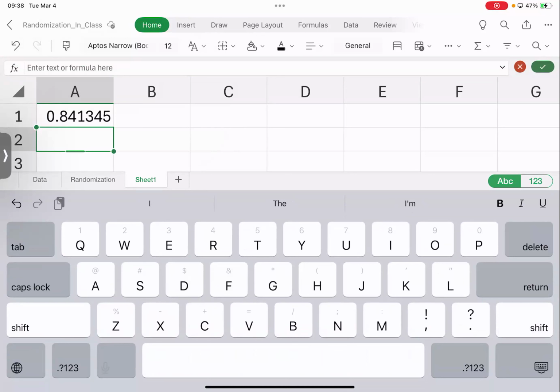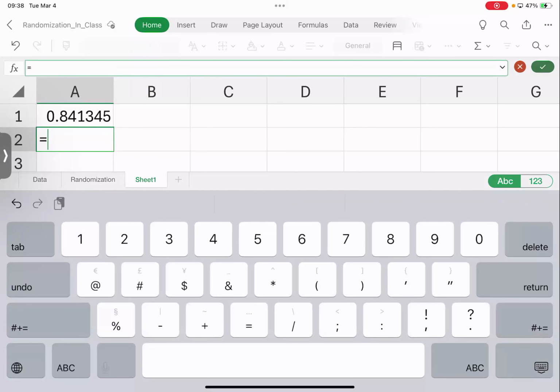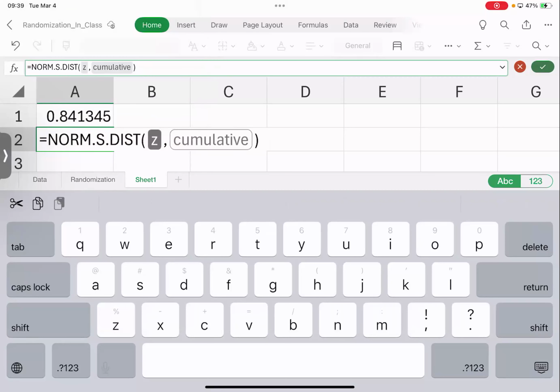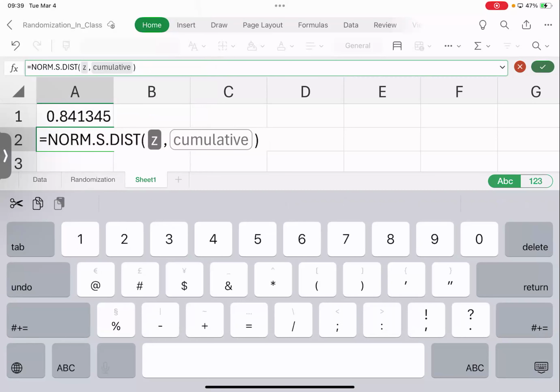How about I do the same thing and I find equals norm.s.dist of -1, right? Just to confirm the 68 aspect of the 68, 95, 99.7 rule.